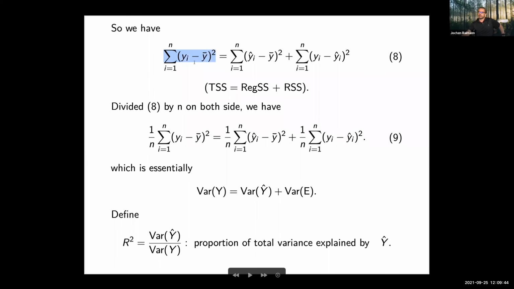So if we are looking now at this explained variance, here we have the variance of yi minus y bar squared. The basis of all of this variability is always the difference between the individual data point and the mean, right? We have done this sum of squares estimation for the simple linear regression.